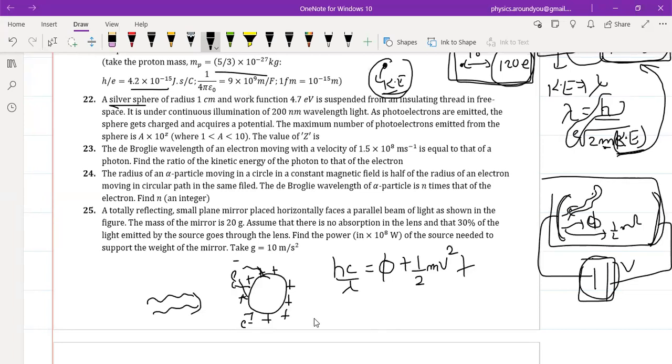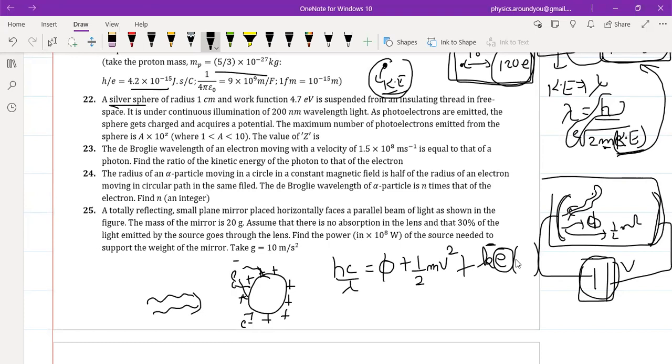But here, light itself has to perform the role of a battery. So what is the potential energy term? Potential energy term would always be K Q1 Q2 by R. Charge on the electron is negative, so minus e. What about the charge on the sphere?